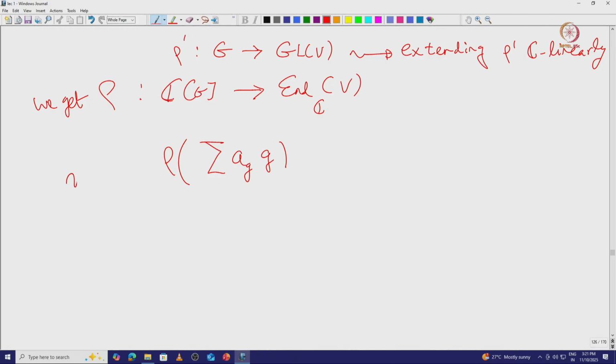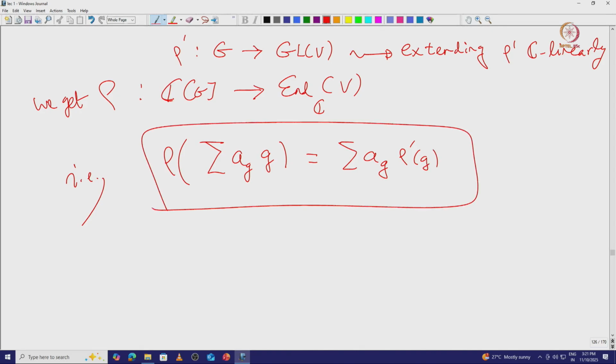That means rho of the summation of a_g g is defined to be the summation of a_g rho dash of g. This is how you get this new map, and it is not very hard to prove that the resulting map is indeed an algebra homomorphism. I will leave it as an exercise.